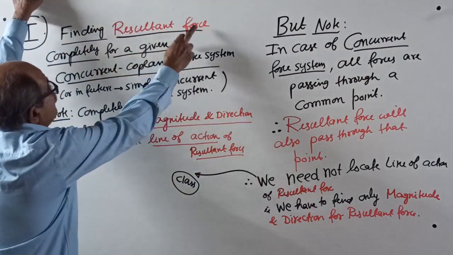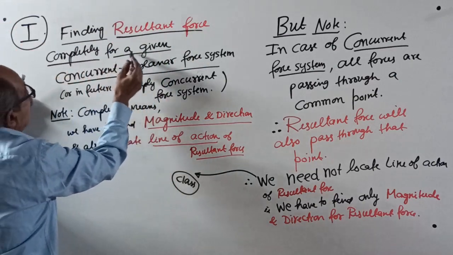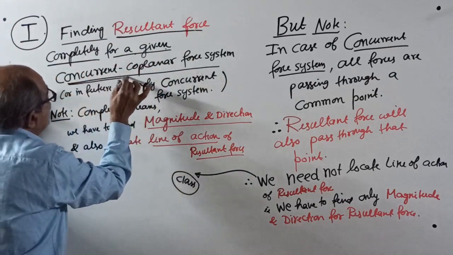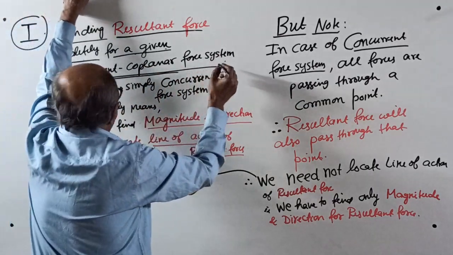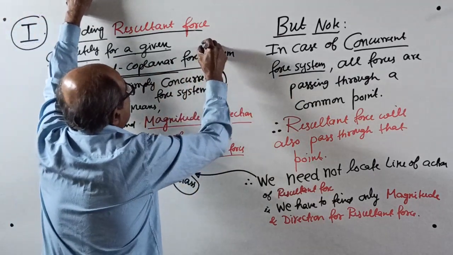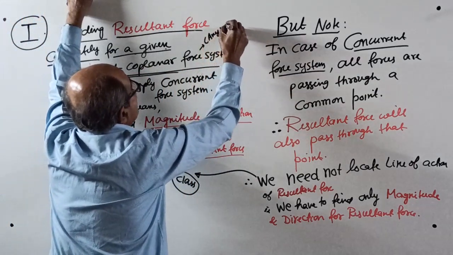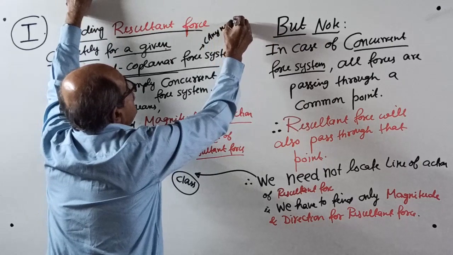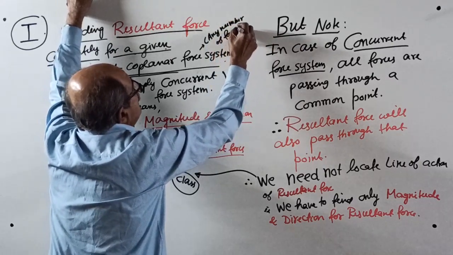Finding resultant force completely, very important, for a given concurrent coplanar force system. And one thing forgotten here: any number of forces. I forgot to write it in big letters. You should write it in big letters.